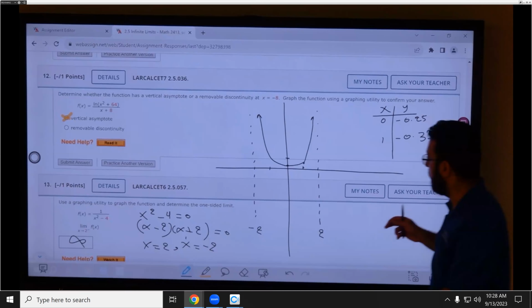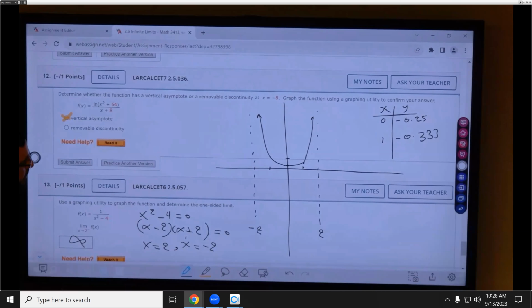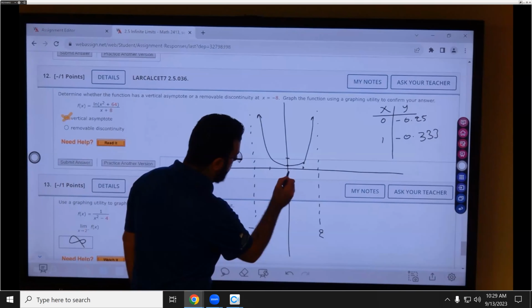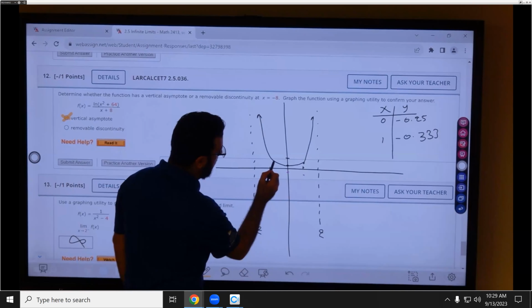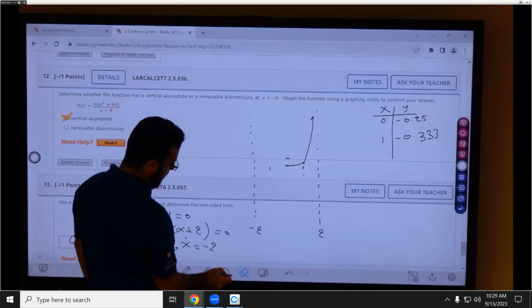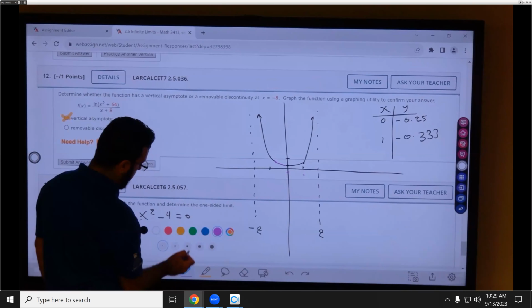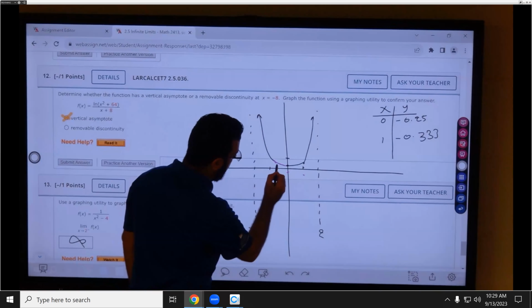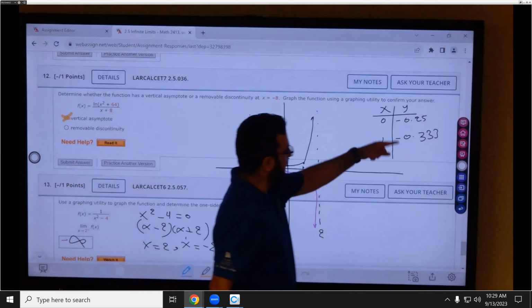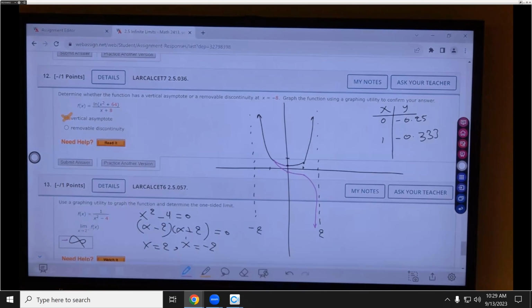Yes, you're right, because both are negative, so it's just mirrored. That means this point is going to be here, and the other point is going to be here. That means the function is going to go like this. In this case it goes down, so it's going to be negative there, when we have negative numbers. Now it makes more sense.